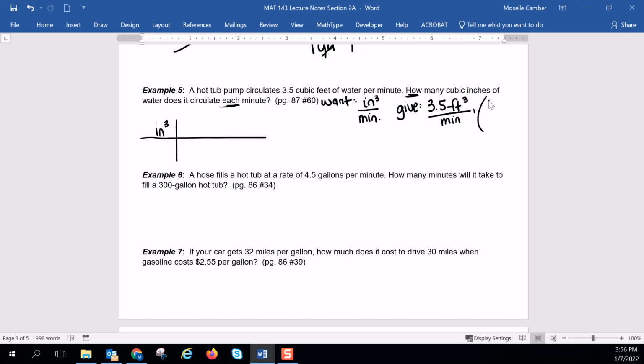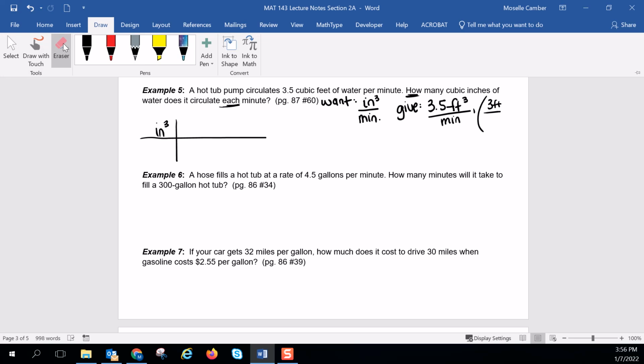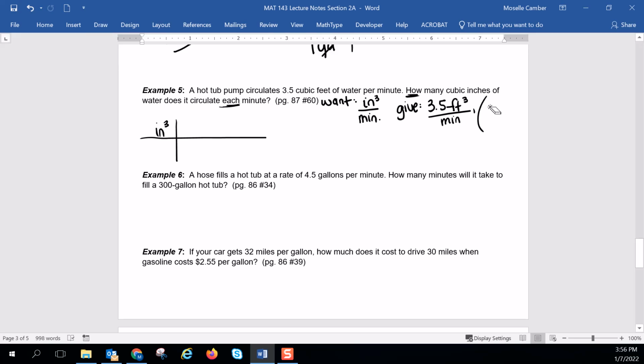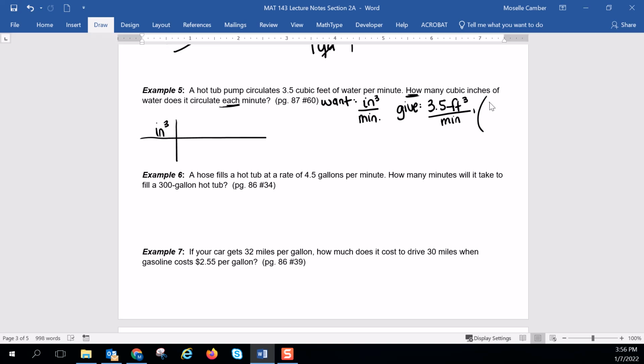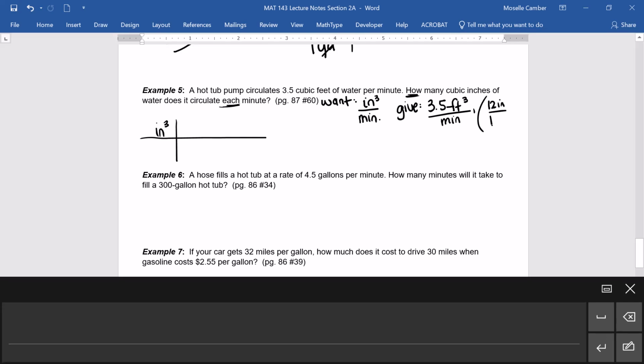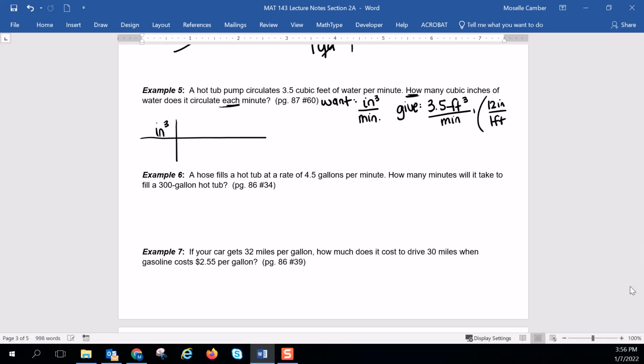So note, from feet to inches, we have 12 inches to 1 foot. Okay, so that's the basic one. Now we want to cube those. We're going to have to cube this.